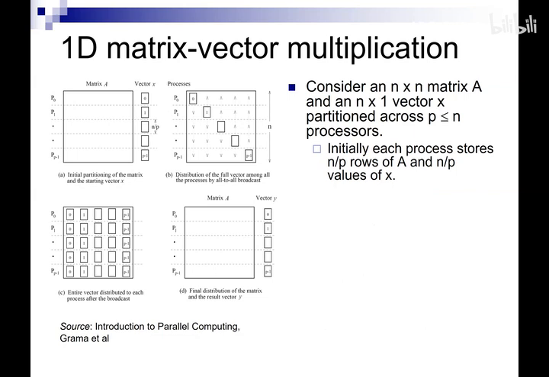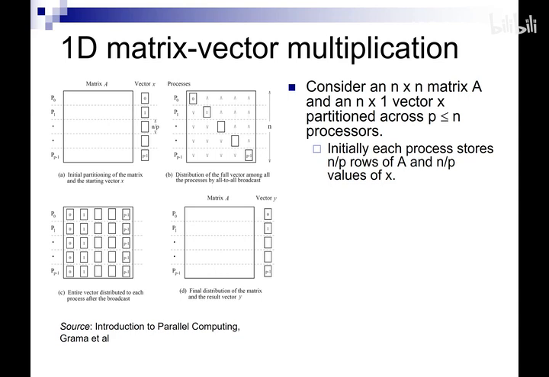We're going to start out with matrix vector multiplication. Here we're assuming that we have an m by m matrix A, and you want to multiply this by an m by 1 vector x. We're going to look at two different ways of doing this, and these two methods differ in how we distribute the matrix among the processors.